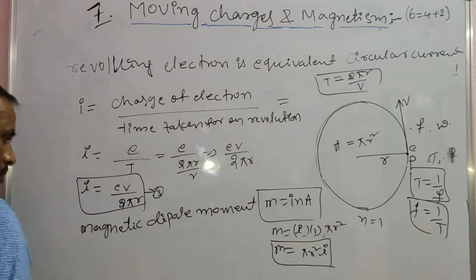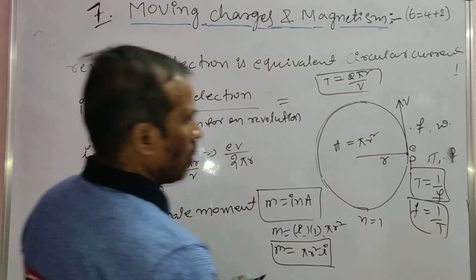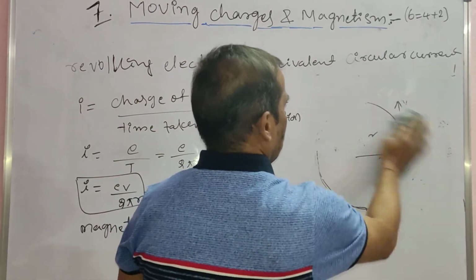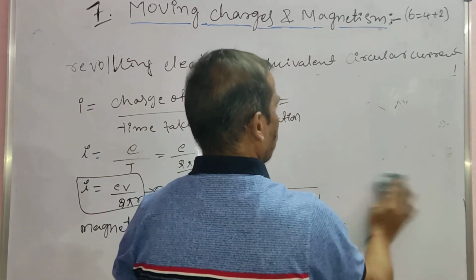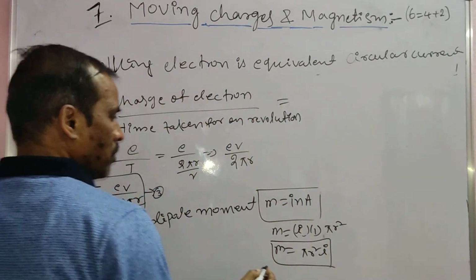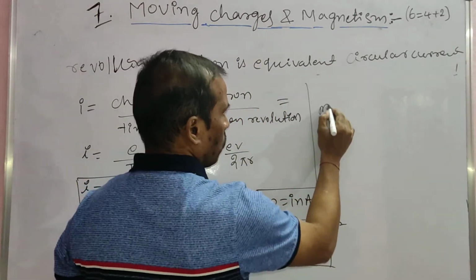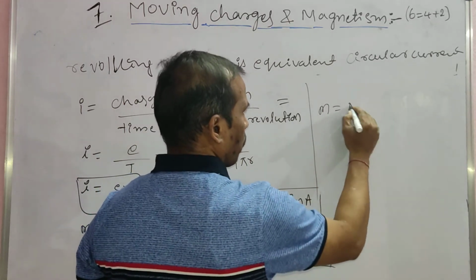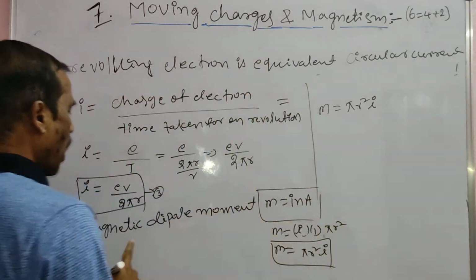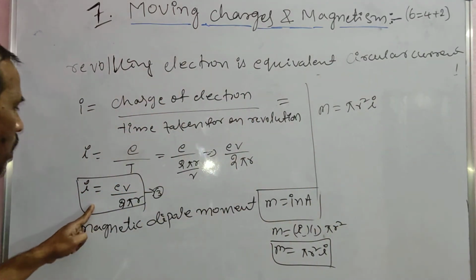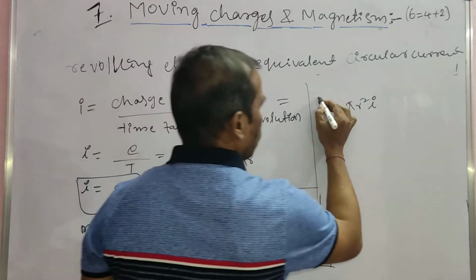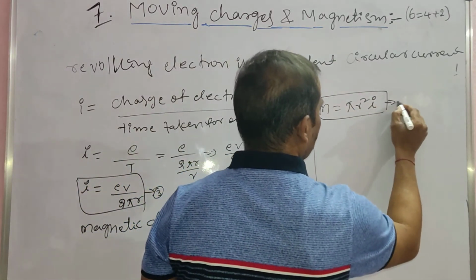Note this equation first of all: magnetic dipole moment m is equal to pi r square I. This I is equal to ev by 2 pi r, this is equation 4.